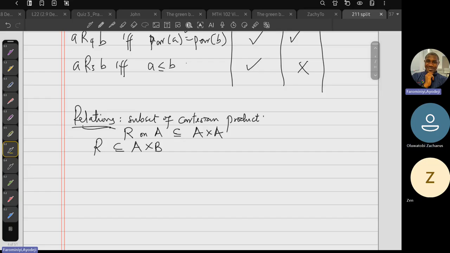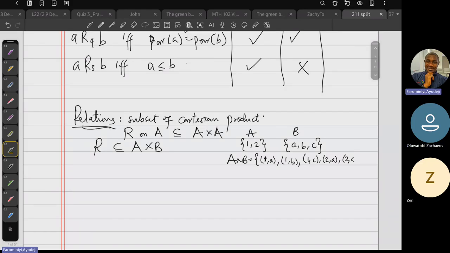So the example I started with is if we have {1, 2} as our A and {A, B, C} as our B, can you tell me what the Cartesian product is? What is A cross B? The set of (1,A), (1,B), (1,C), (2,A), (2,B), (2,C).